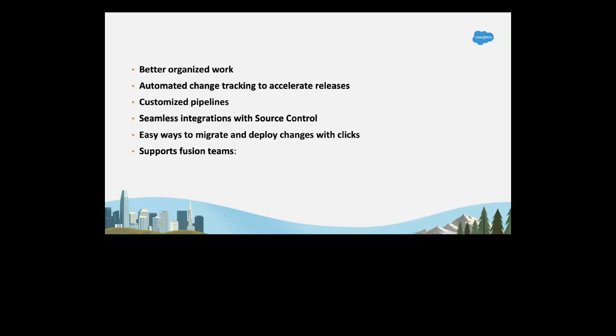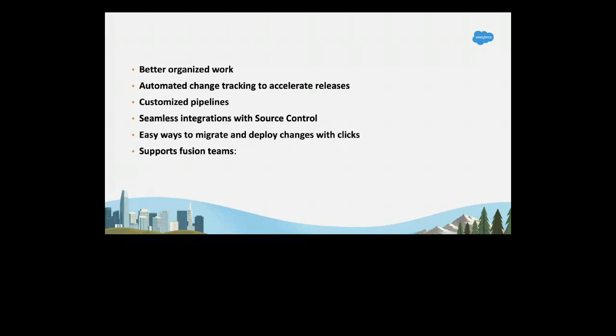So the DevOps Center is going to help you better organize the work and track it. Right now, if you use changesets, there is no real tracking because it just takes the data and pushes it. If you want to see what changes you made in the past, or what the versions are, you can't really do that. So this will definitely help with tracking and accelerate the releases.